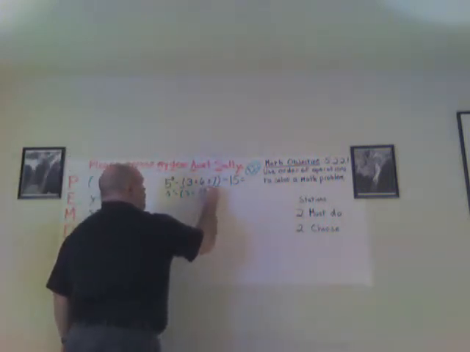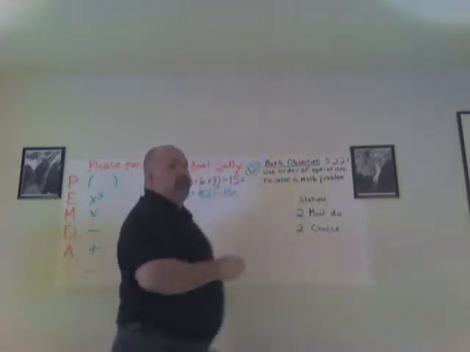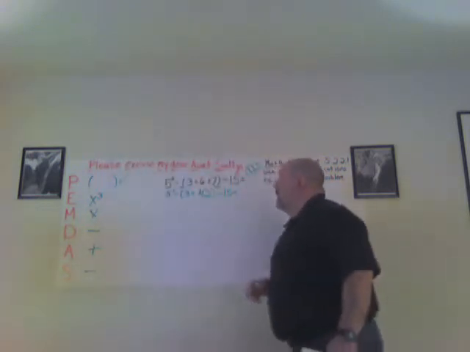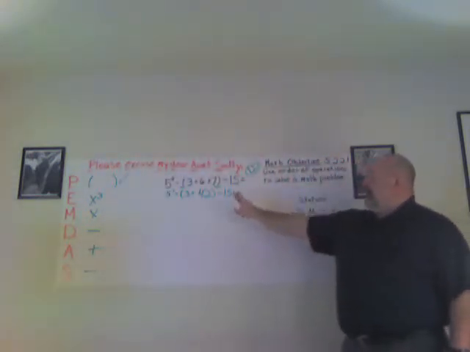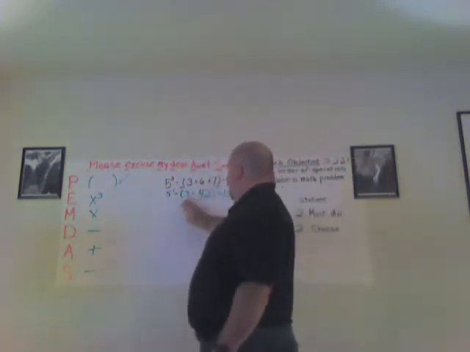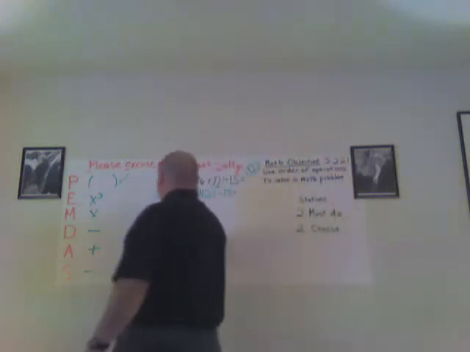Good job. Divided by 15 equals. We have just checked off the first step. Oh, no, we haven't. We've got one more. I apologize. We haven't checked it off yet. Then we're going to go forward. 3 plus 42 is 45.